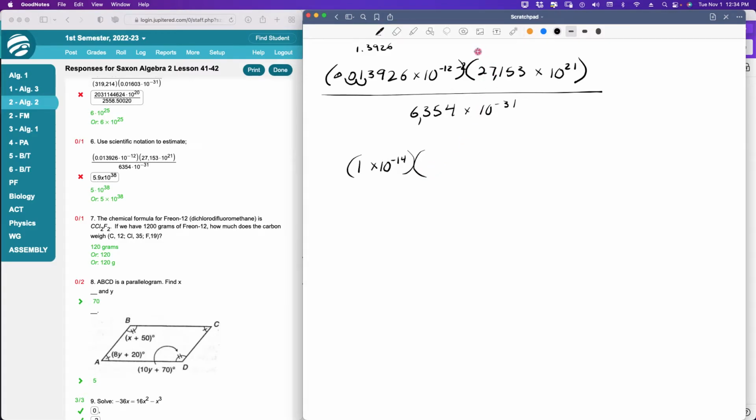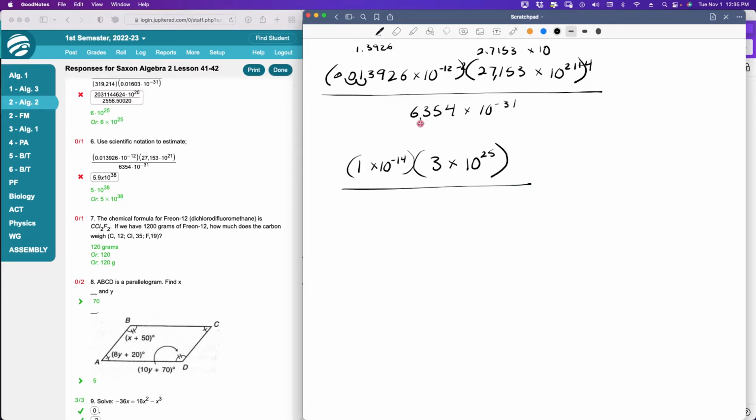This would be 2.7153 times 10, and I'm moving this 1, 2, 3, 4. So that's plus 4. So that's going to be 2.7 will round up to 3. So 3 times 10 to the 25. Because 21 and 4 is 25.